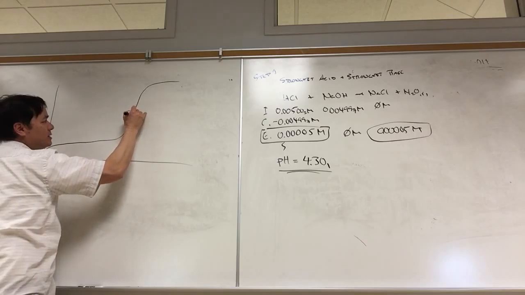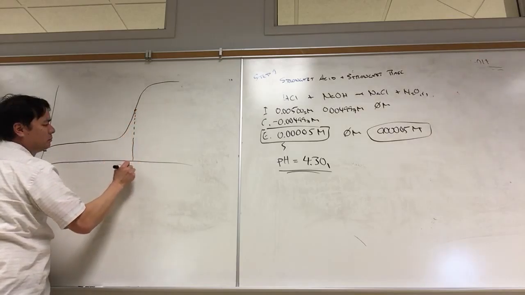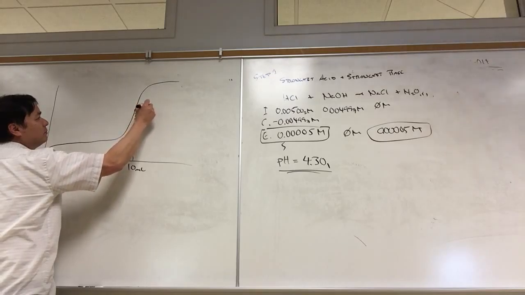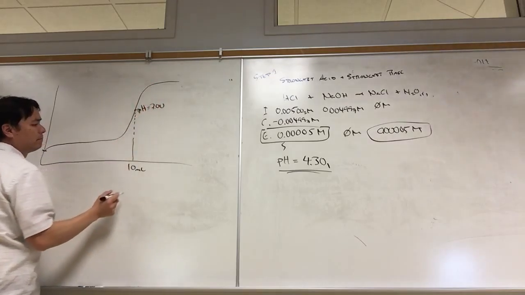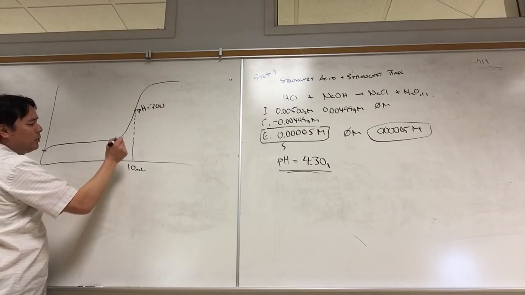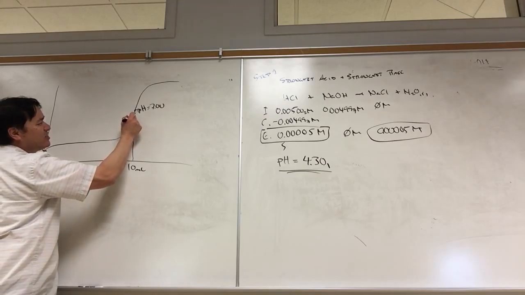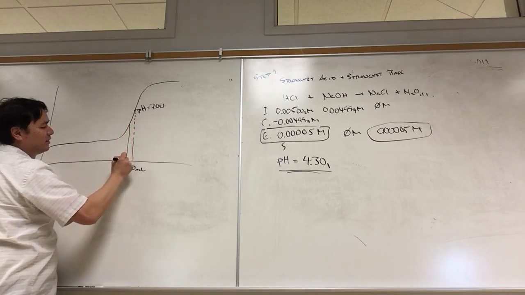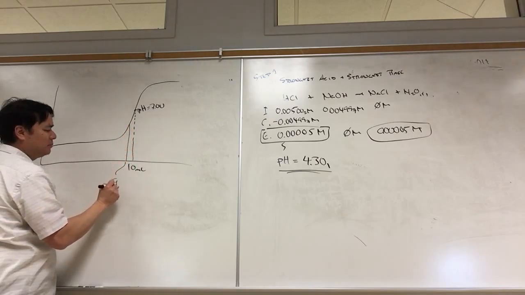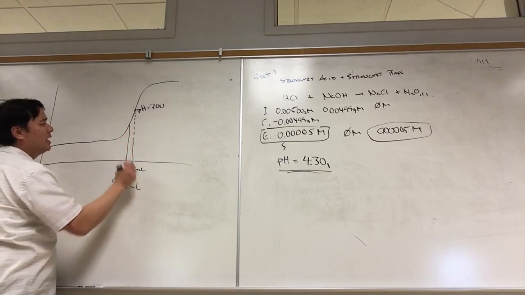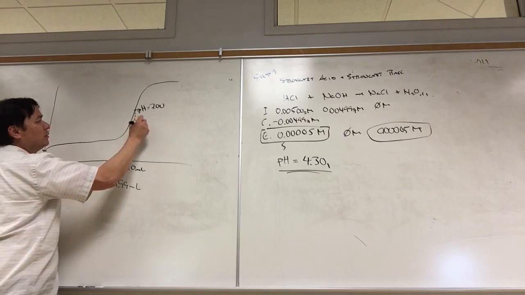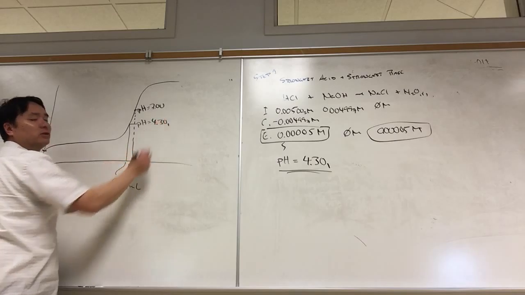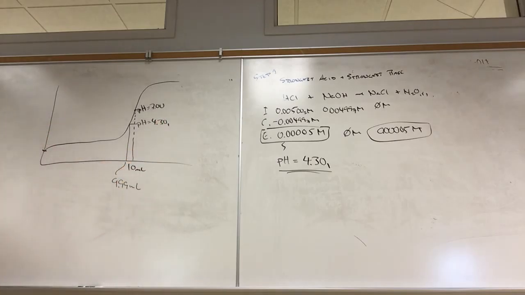And so at 10 milliliters, the pH is 7.00. At 9.99 milliliters, what is the pH? At 9.99 milliliters, the pH is 4.301. Do you see that?